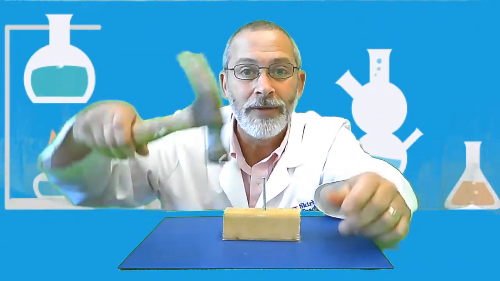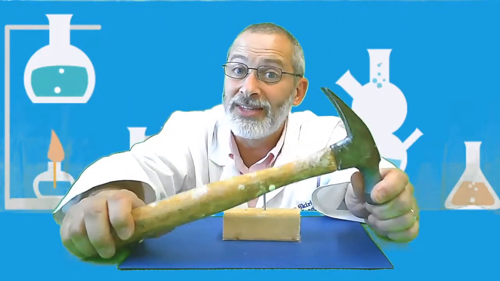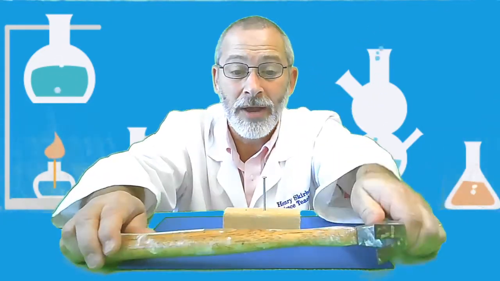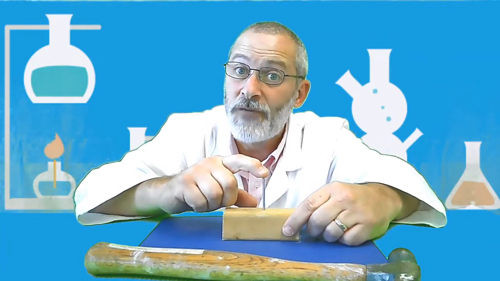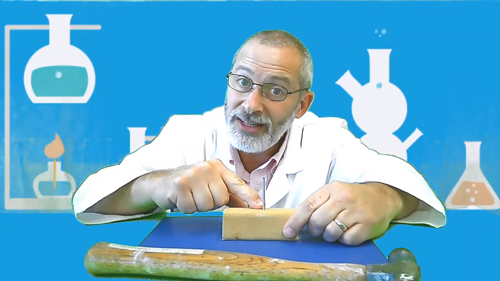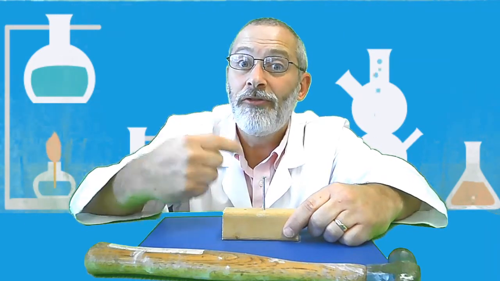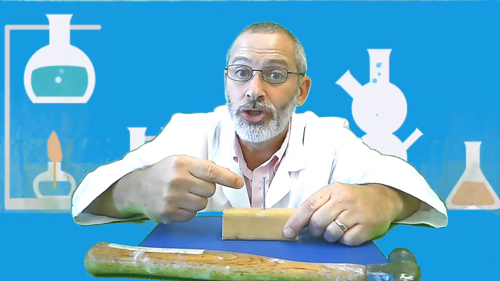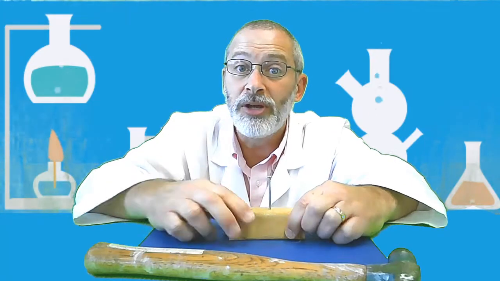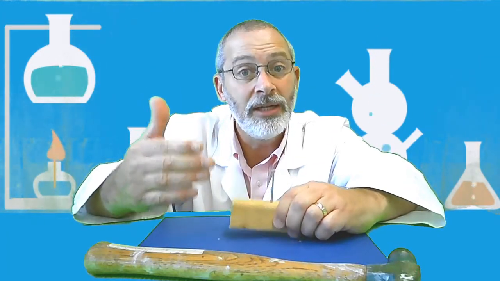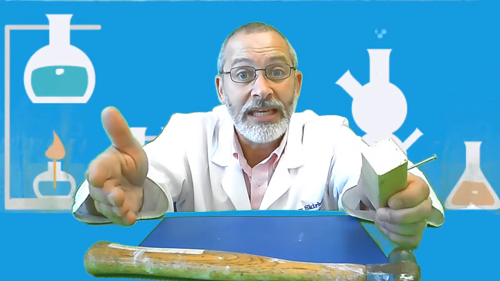It worked. The hammer is an example of a machine because it made the work, applying a force through a distance, easier for me to accomplish. So a hammer would be a great example of a machine that makes work easier.